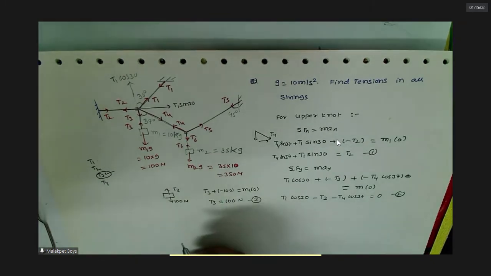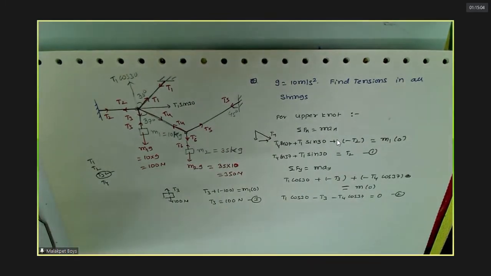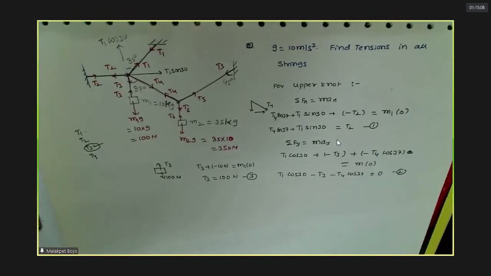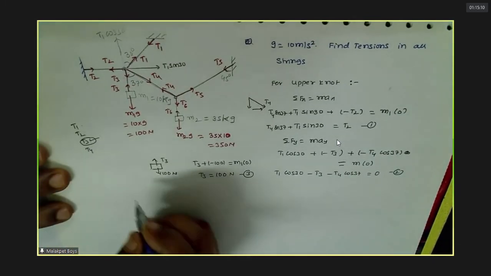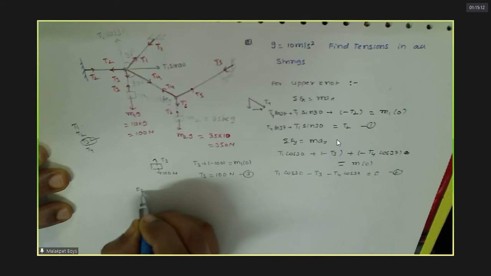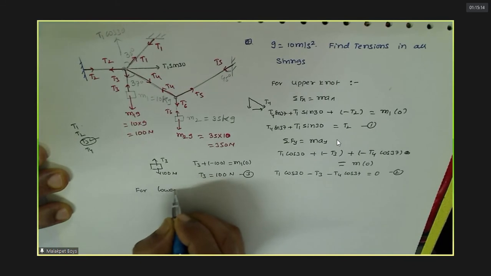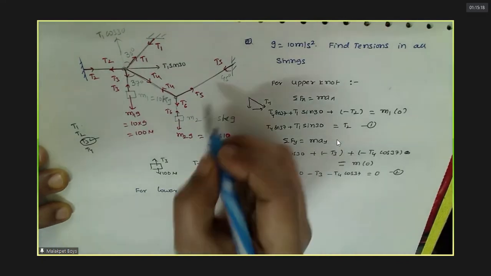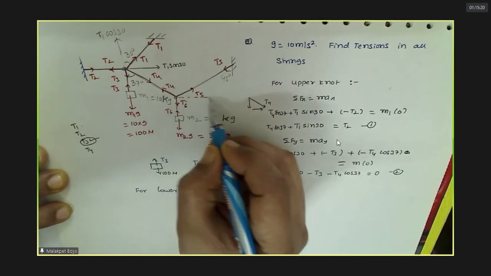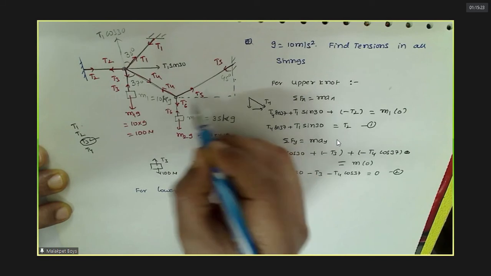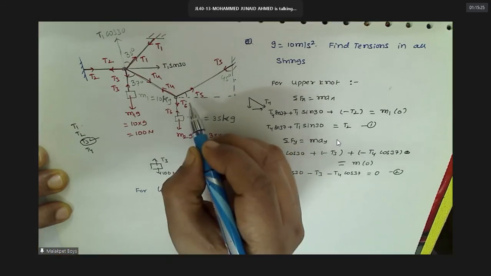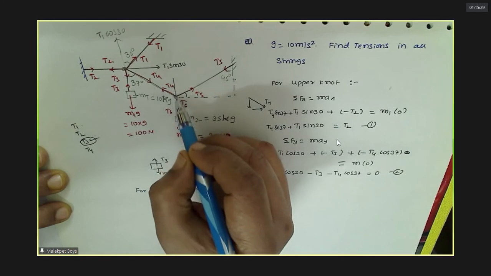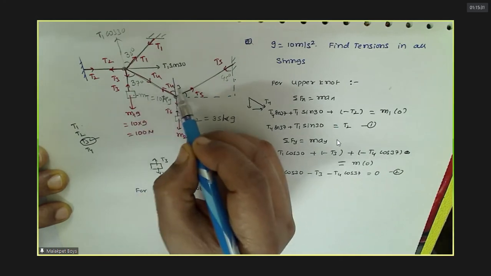So again draw for this lower knot. What I am doing is trying to show the same thing. You can see that this is 45, this is also 45 only now. And this is 37, so this is 37 only now.